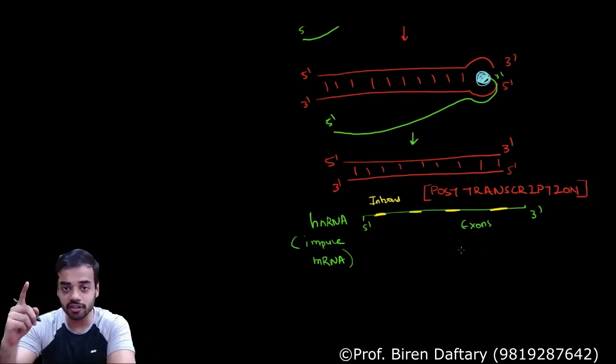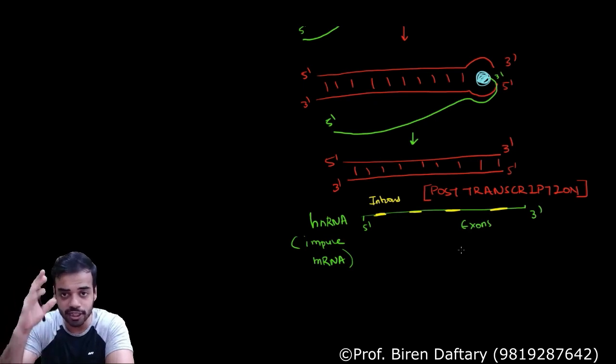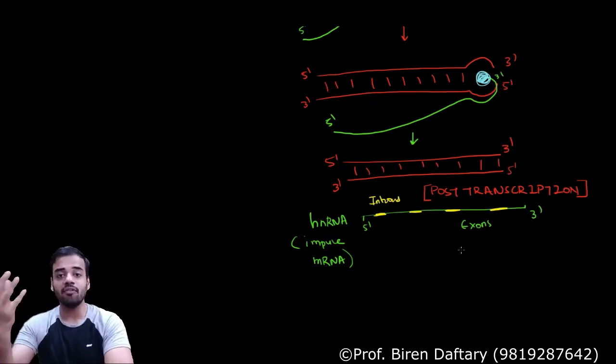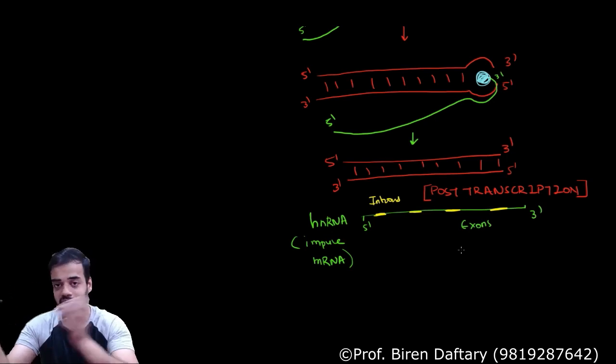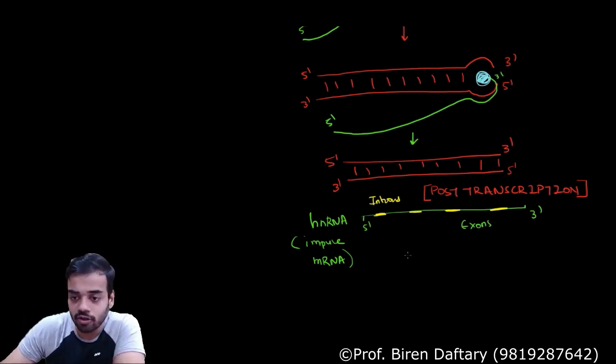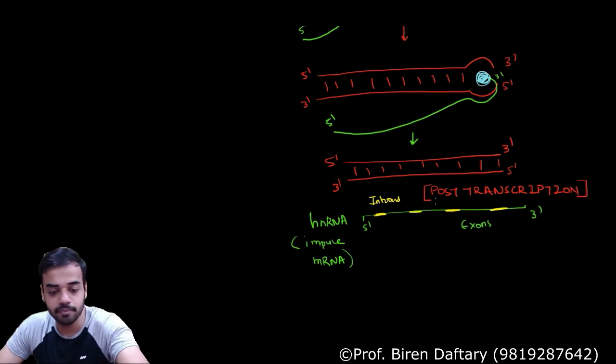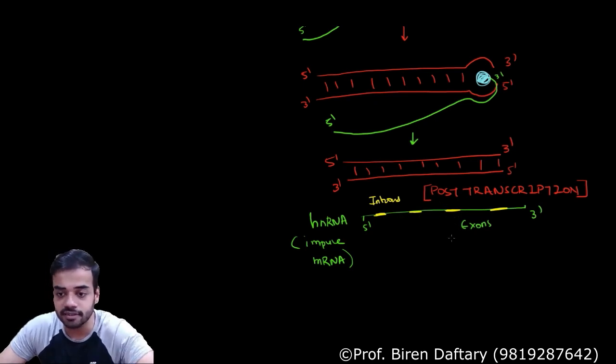First thing that happens in post transcription is the introns are removed. I had told you that they are removed by enzymes called spliceosomes, not given in the book, so you don't need to remember. And what they will do is they will remove the introns, and the enzyme ligase is going to join the RNA. So the next step is going to be like this.